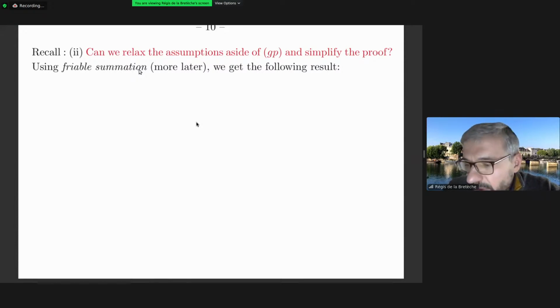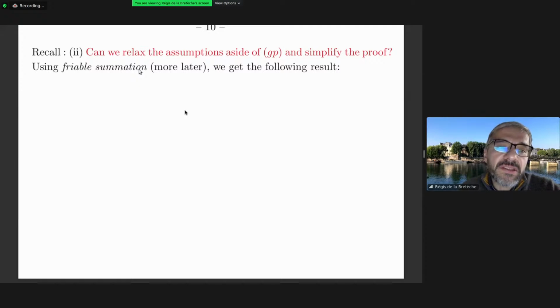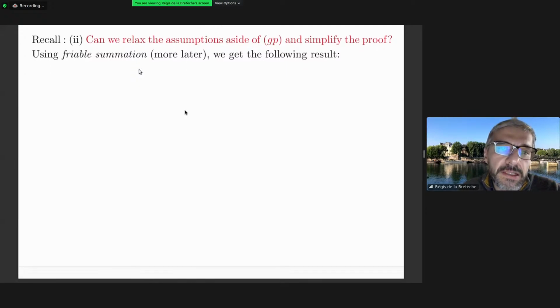So I recall that we say that an integer is y-friable if all its prime factors are less than y. And I will define what is the friable assumption, but it's associated to the y-friable integers.